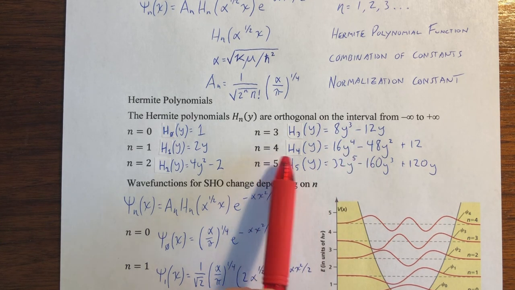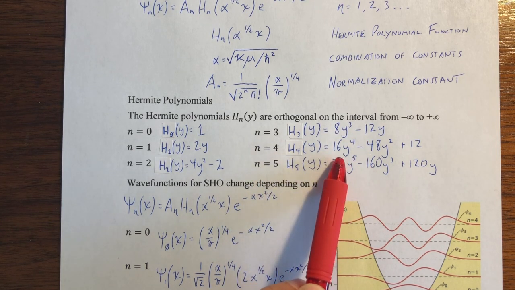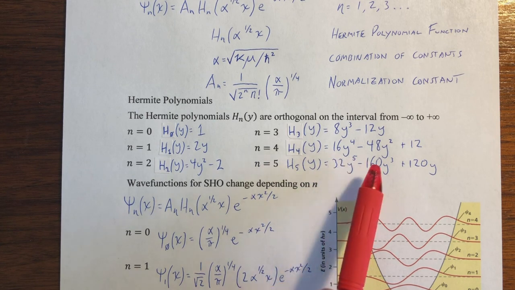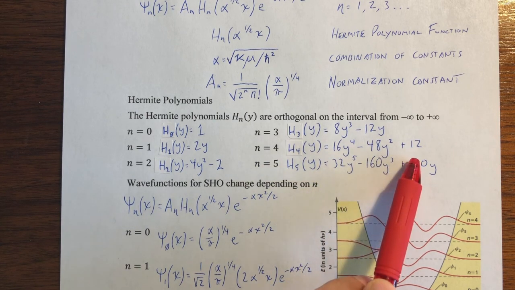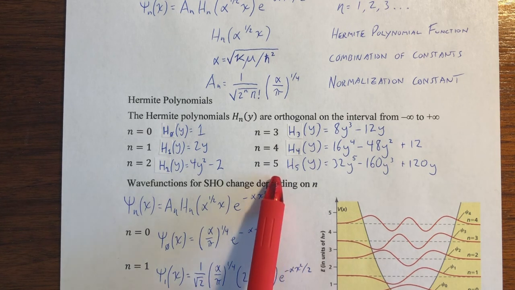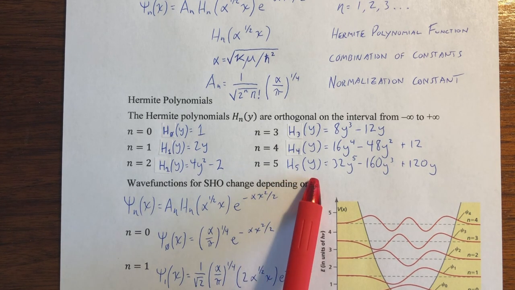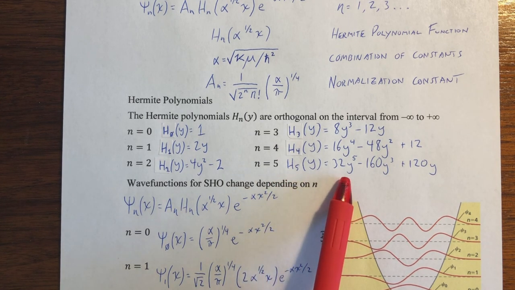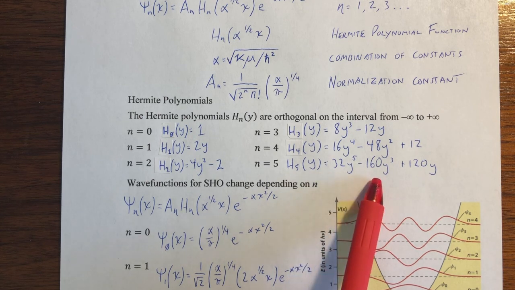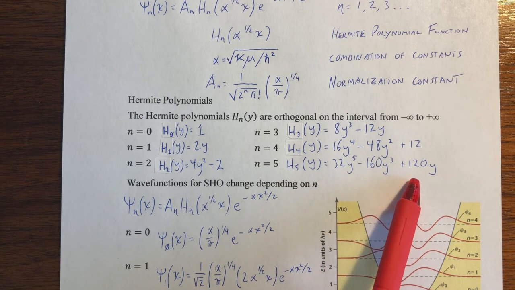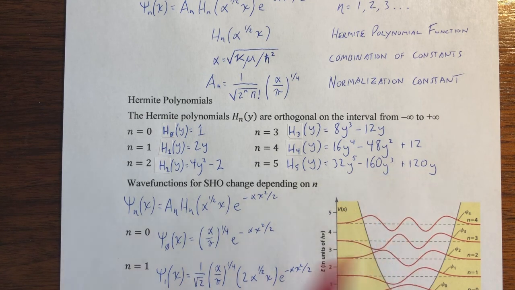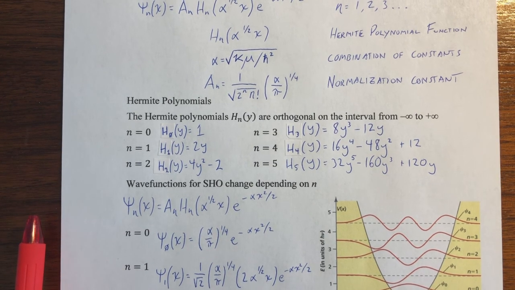When n equals 4, h sub 4 of y is equal to 16y to the 4th minus 48y squared plus 12. When n equals 5, h sub 5 of y is equal to 32y to the 5th minus 160y cubed plus 120y. So these are just identities of Hermite polynomial functions, and we will be using them on the next page.